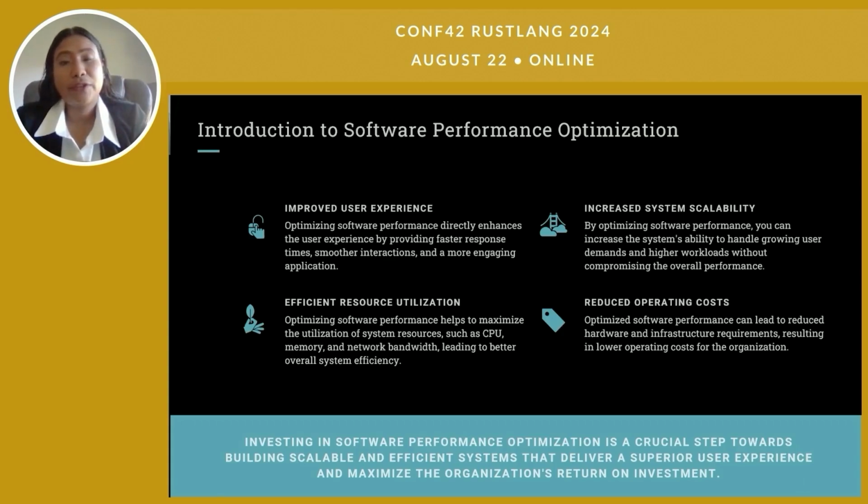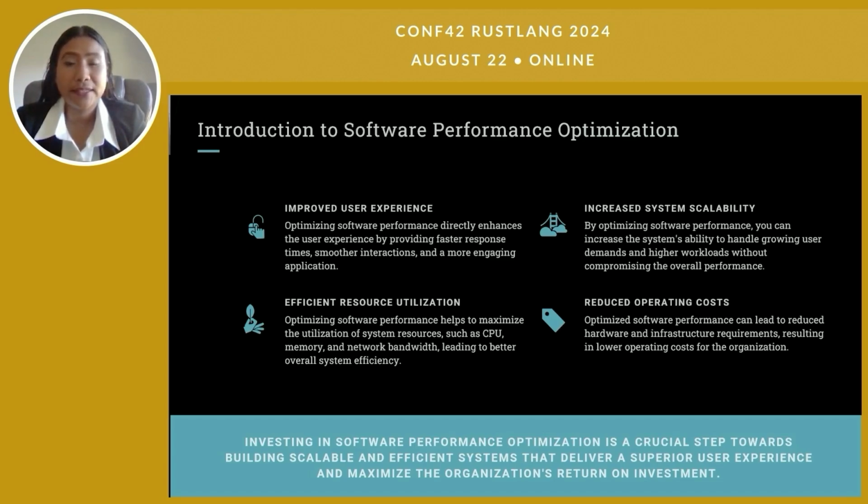When we talk about software performance and its optimization, we need to keep multiple factors in mind. One is improved user experience, as the users will not be only techies, it will be used by the common man also. We need to have the best user experience, including the user interface and how to use it.